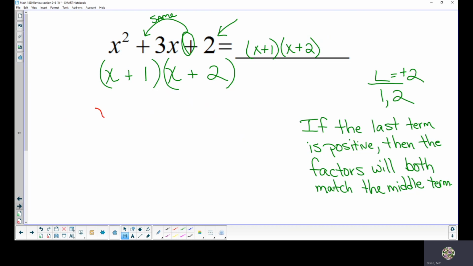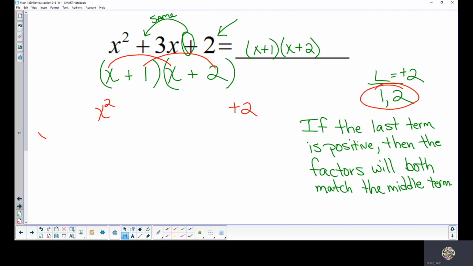X times x is x squared. That's the first. I know that works because I picked it to work. I also know that 1 times 2 gives me 2 because I chose that from a list of numbers that multiplied to give me 2.